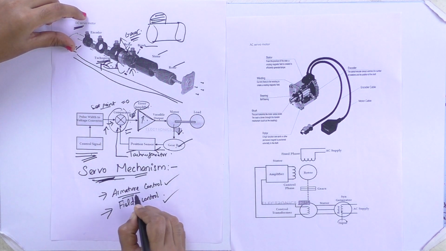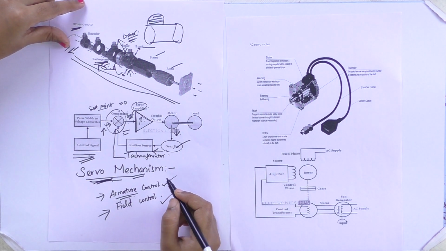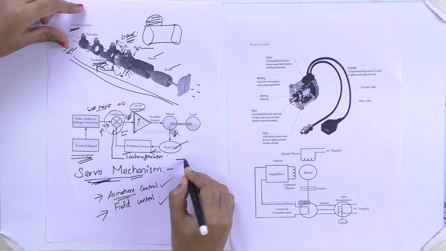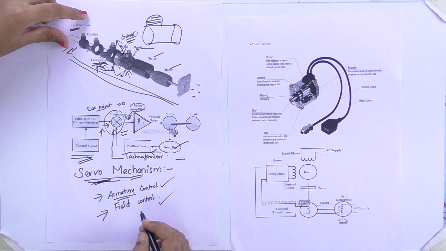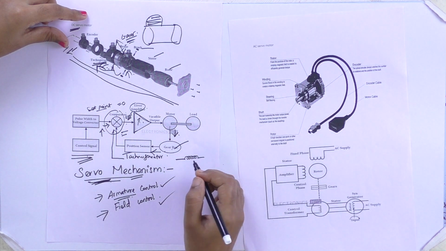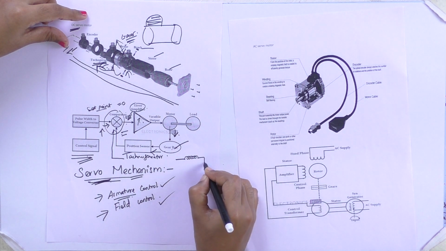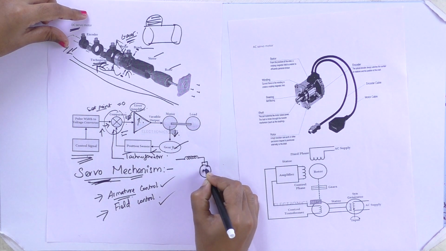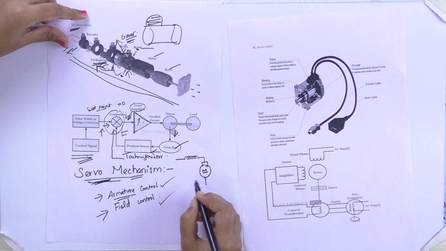So in the armature control motor, what happens is that there will be a separately excited DC motor. We will consider a DC series motor.